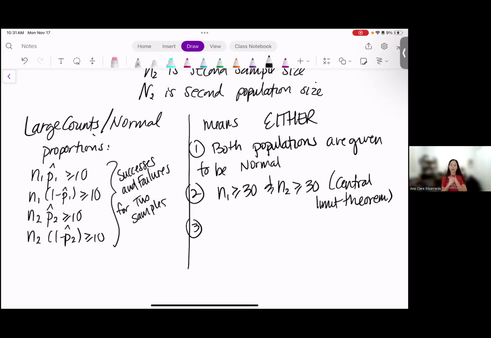Or both graphs of the box plots and histograms show no outliers or skewness for both samples.